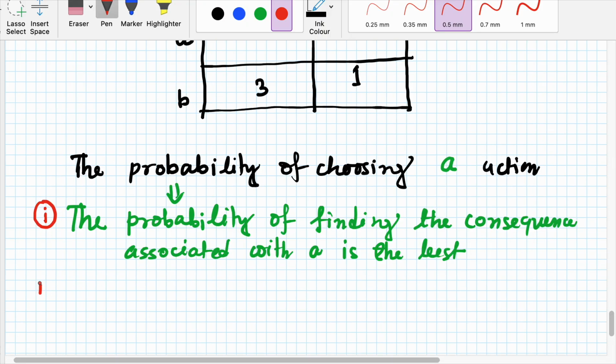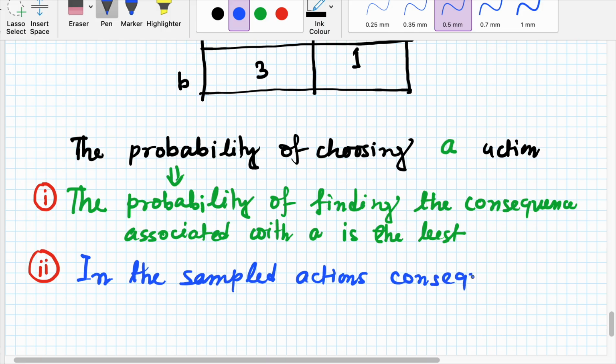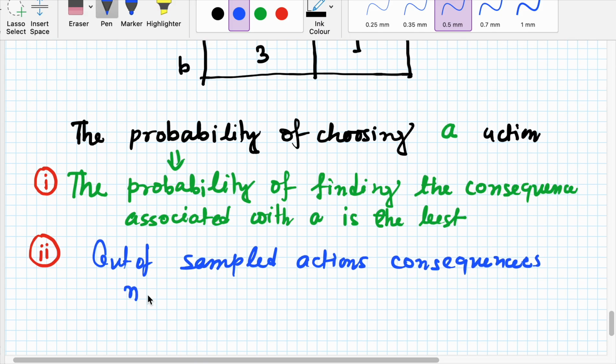the best. And suppose that in the sample space, out of the sampled action consequences, n or q actions have the same consequence, then how will it be decided?